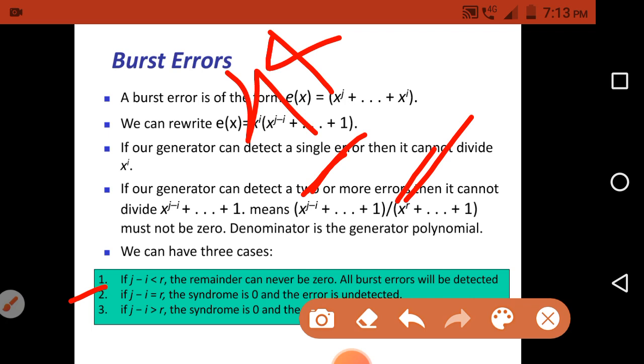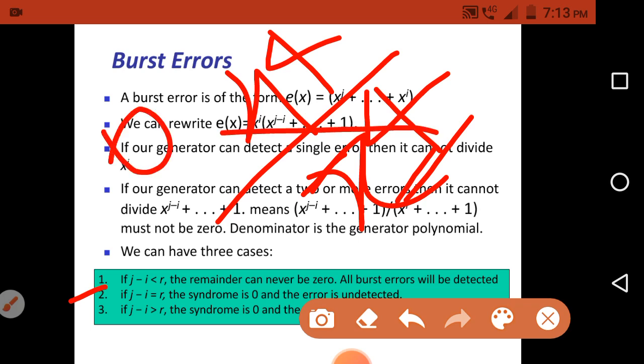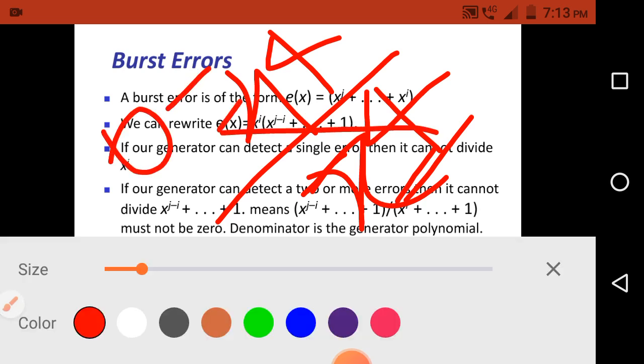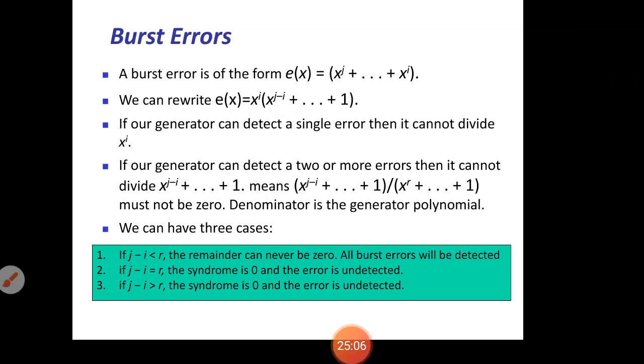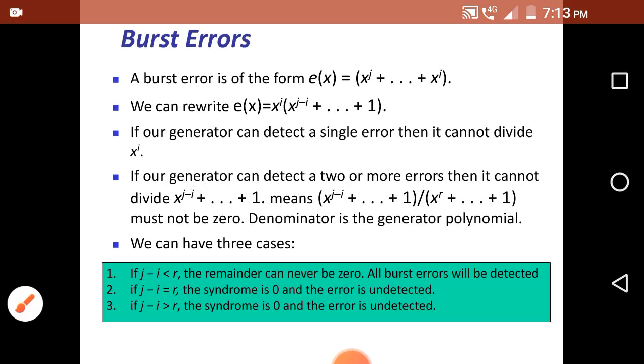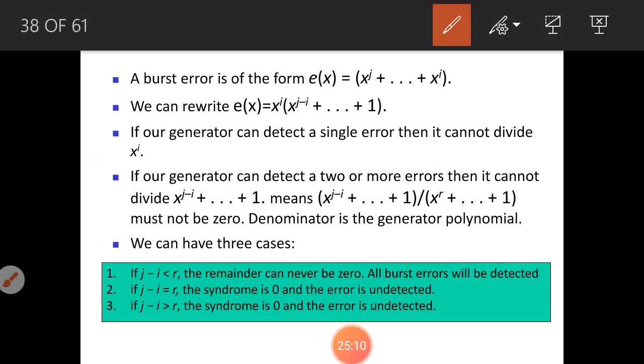If the numerator power is x raised to 4 and the denominator power is also x raised to 4, then they divide and the remainder is 0, which means the error is undetected. That is the second one.